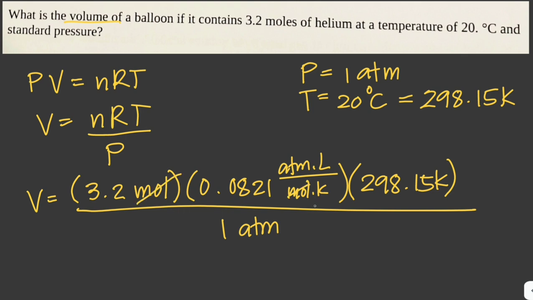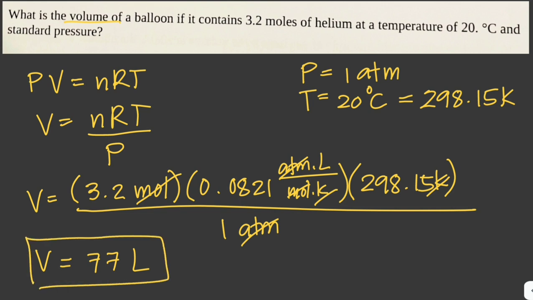So mole here cancels out, Kelvin and atm. So we are left with the unit liter. So this is equivalent to 77 liters. So the volume of a balloon, if it contains 3.2 moles of helium, is just equivalent to 77 liters.